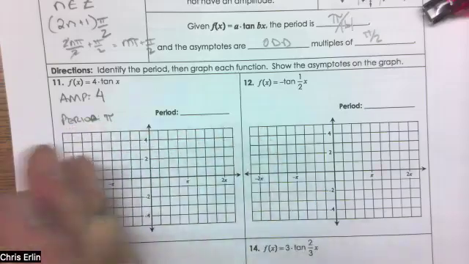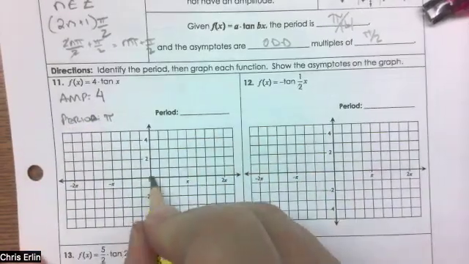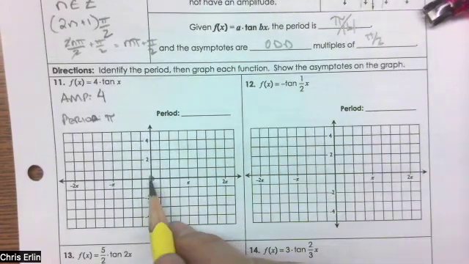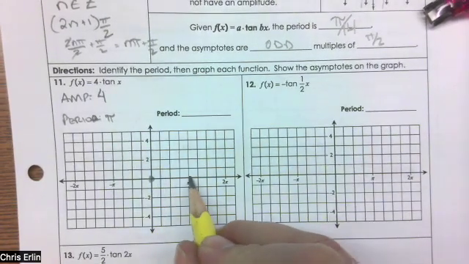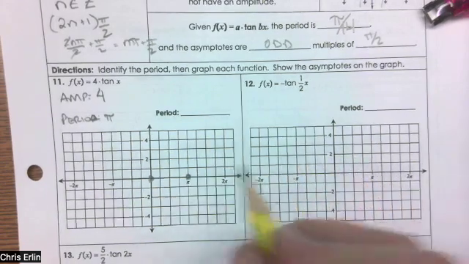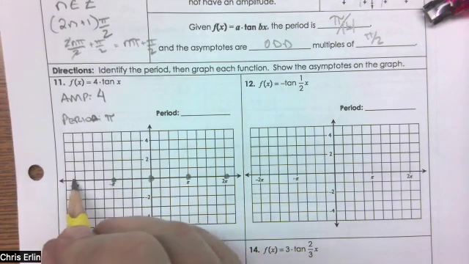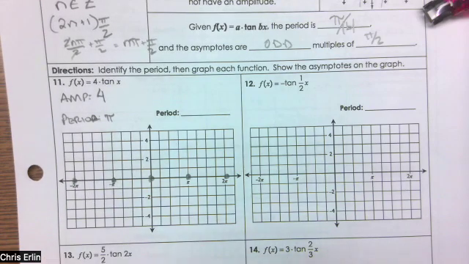Since it doesn't have a sideways shift, we always start tangent at 0, 0, just like sine. And we know that a period of pi means that at pi again, it hits that 0 point again. And at 2 pi, it's 0. And at negative pi, it's 0. And at negative 2 pi, it's at 0. It's all about those quarter points.